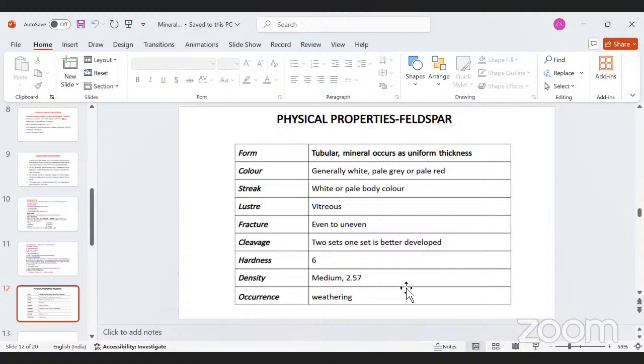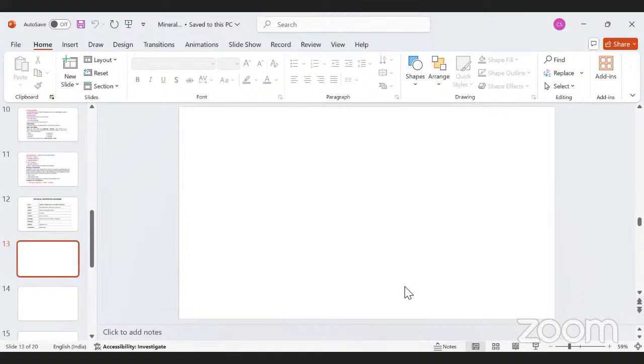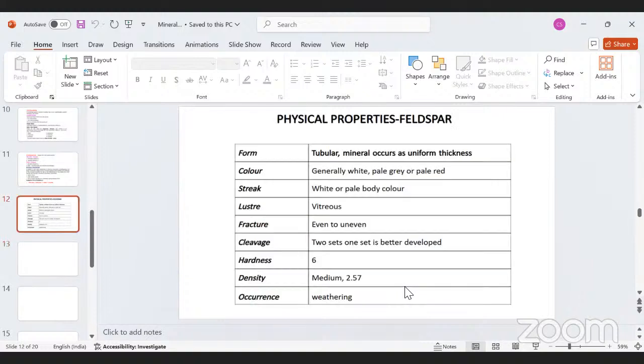Mode of occurrence: we see it in igneous formation, and it also undergoes weathering. These are the properties we can see.